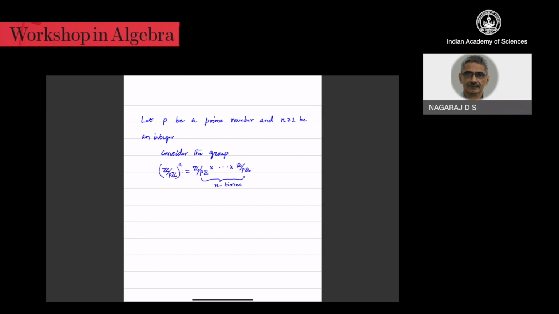So now, given that, assume that n is, so let R be an integer satisfying 0 less than or equal to, 1 less than or equal to R less than n.